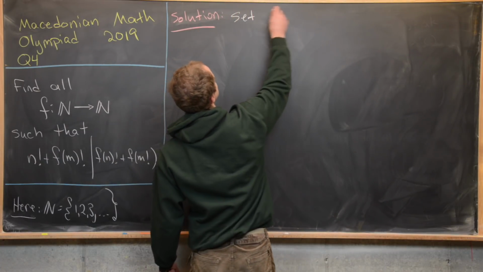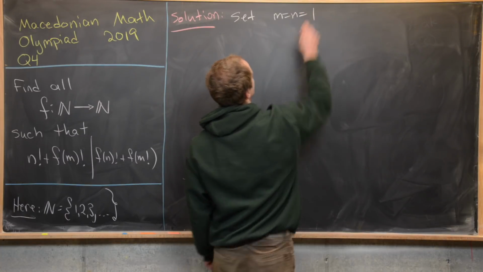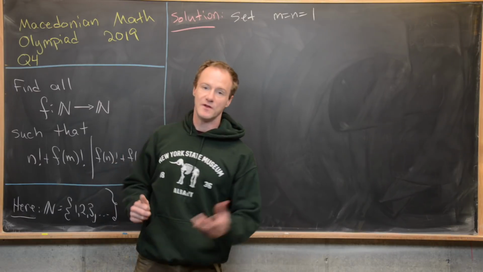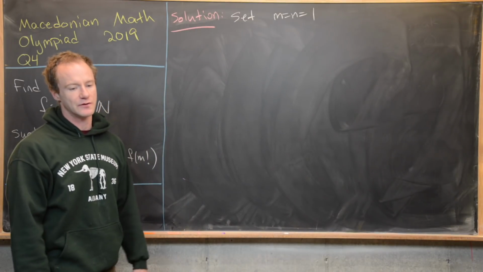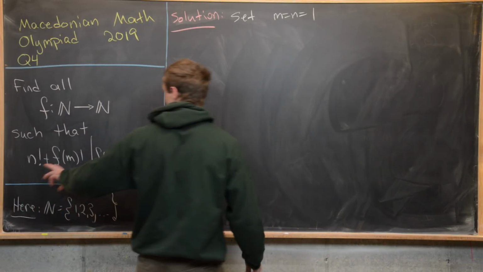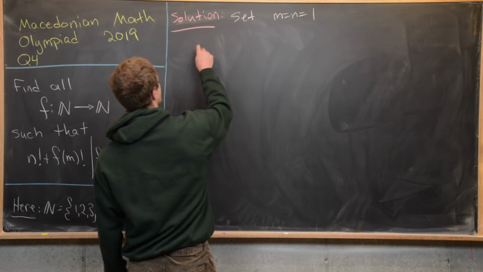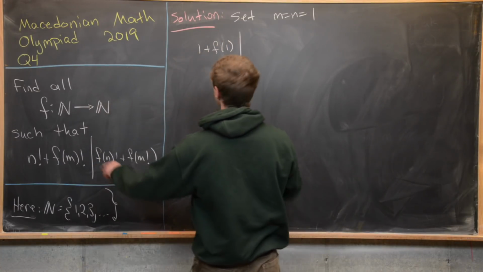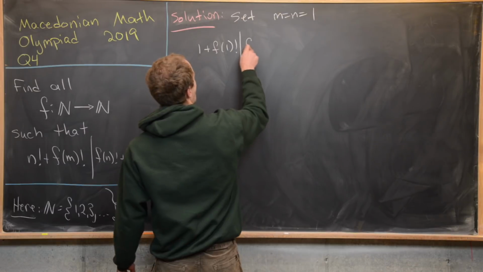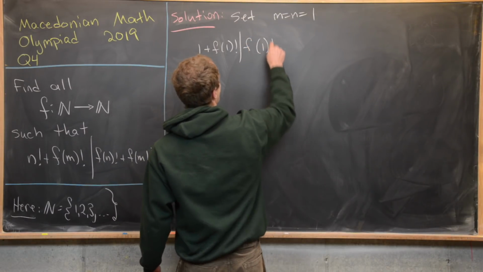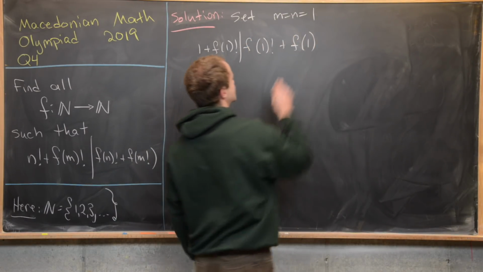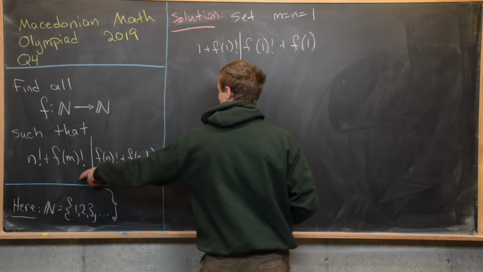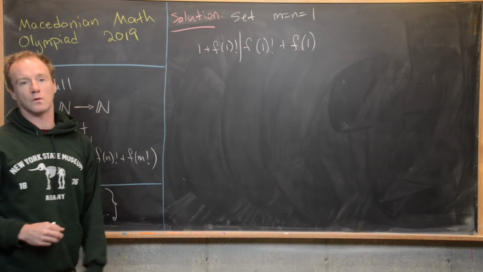So let's set m equal to n equal to 1 to see if we can use whatever this condition is with those values to get some value for the function.